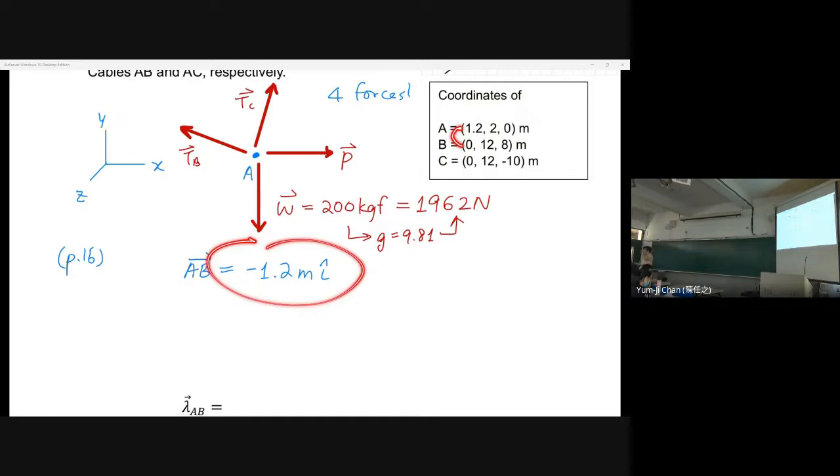Remember that if it is negative, just write it as negative. So going from A to B, from 1.2 to 0, we have minus 1.2.